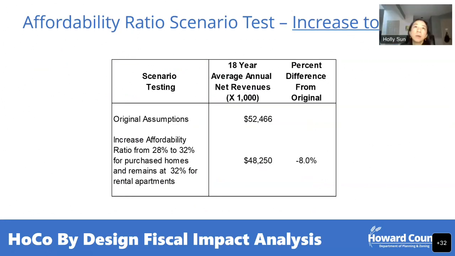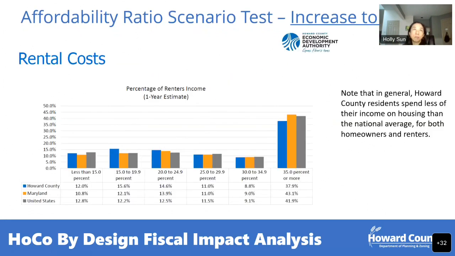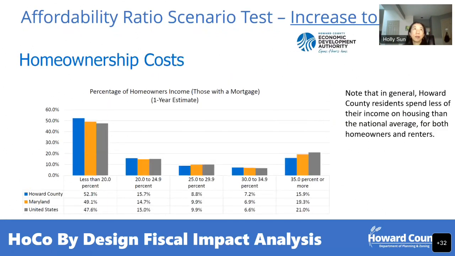Yeah, so Jeff, I want to add a little bit, just based on what you already said. The original assumption of 28% was still within the national range, but on the lower end. By moving this to 32%, in the middle of that range, it's taking essentially a conservative approach, because based on the EDA, which is the Census Bureau's data, the county typically does better than the state, with a lesser percentage of income spent on housing.